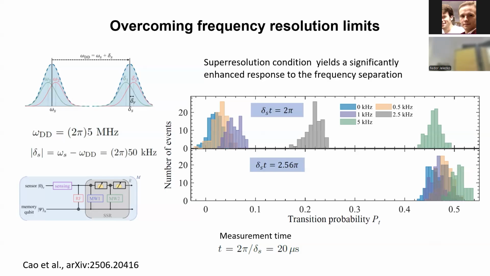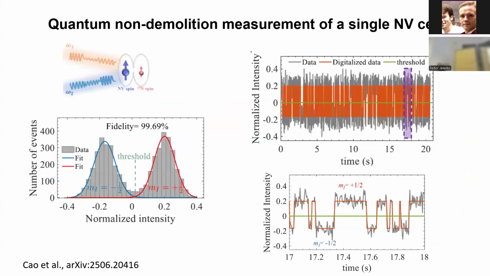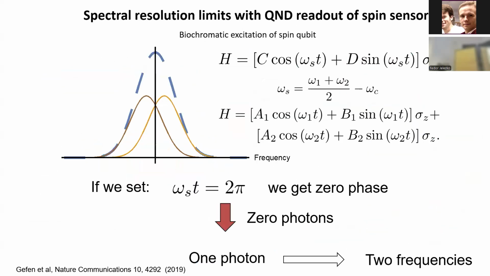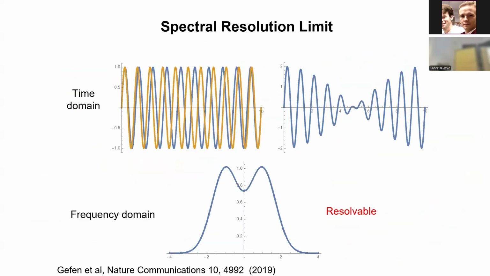Now the measurement time here, or the coherence time of the signal, was about 20 microseconds, so 50 kilohertz in the frequency space. And we can detect the presence of different frequency components already for a frequency separation of 1 kilohertz. So now remember, we have discussed this from the metrology perspective, with two frequencies.